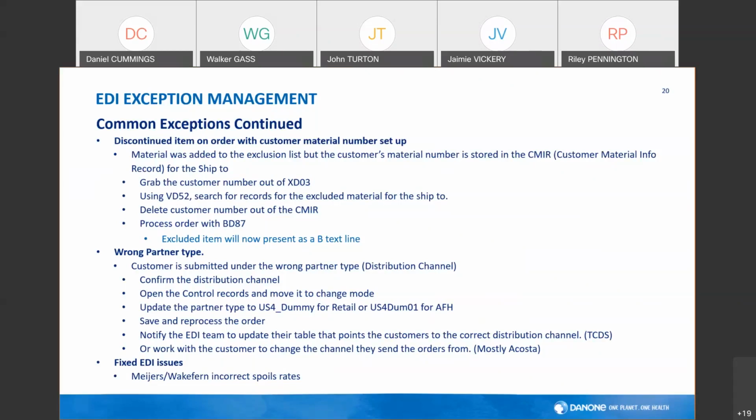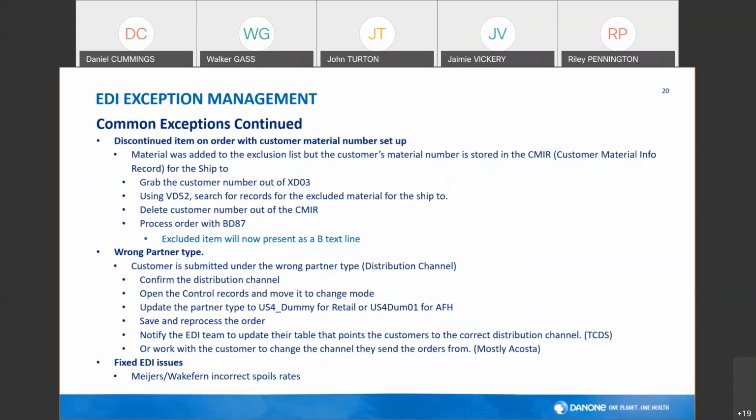Let's use Walker or Angelica on here. So this one, Walker and Angelica had a lot of familiarity with. This is one that we actually fixed a while back, where we were getting 40 to 50 failed IDOCs a week for Meijer and Wakefern.